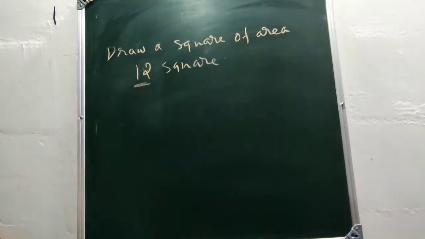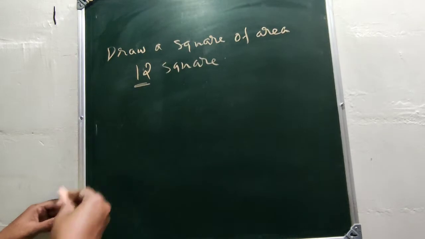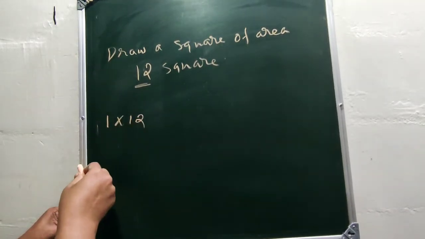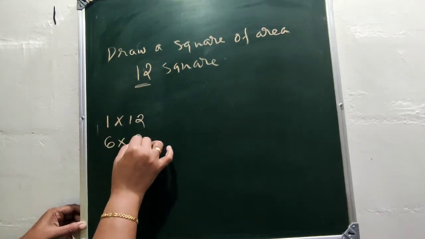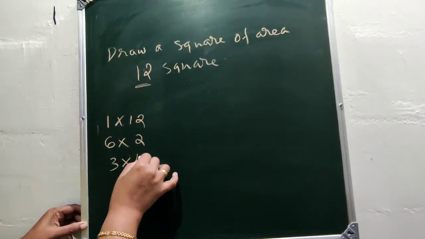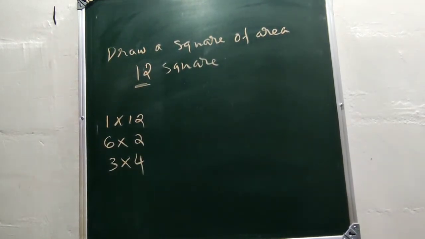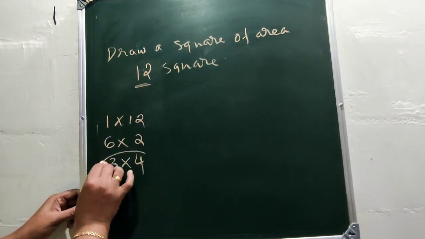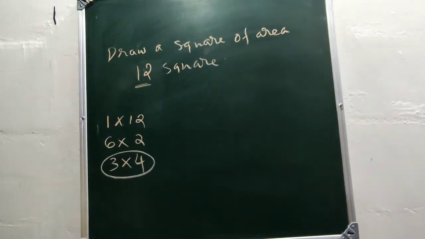First, find the factors of 12. Yes, 1 into 12 is 12, 6 into 2 is 12, and 3 into 4 is also 12. So we can take any of these sets as the length and breadth of the rectangle. Here, my choice is 3 and 4.